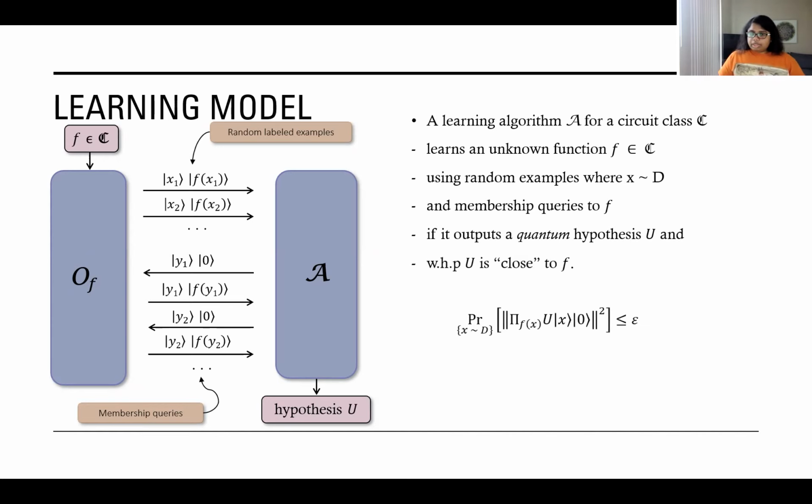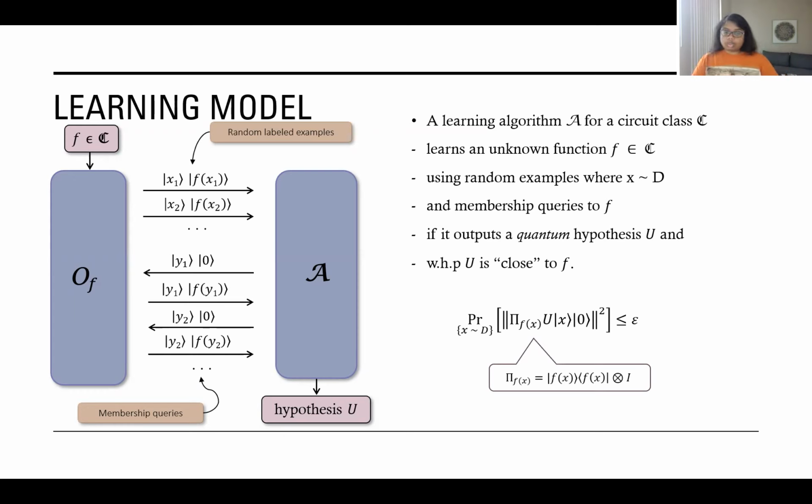What should this hypothesis satisfy? With high probability, it should be close to f. Oh, and I think I didn't fix this mistake. It should say the probability that you sample an x from a distribution, and this expression should be at least 1 minus epsilon. Sorry, it's not computing what the error is, it's computing how well it agrees with f(x), because it's basically projecting and checking whether it's equal to f(x) or not.